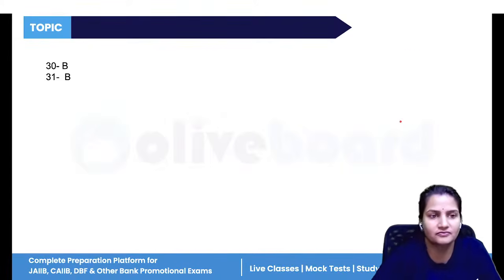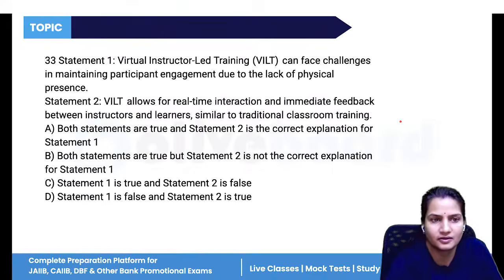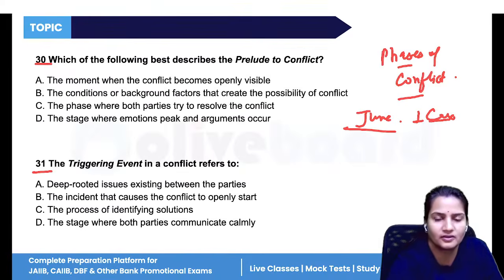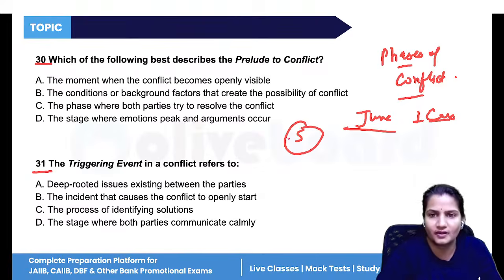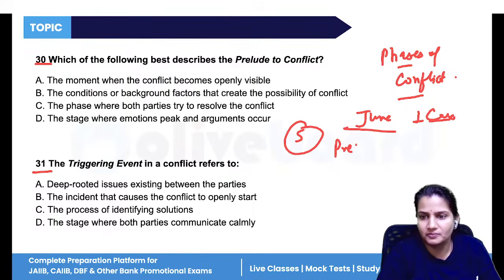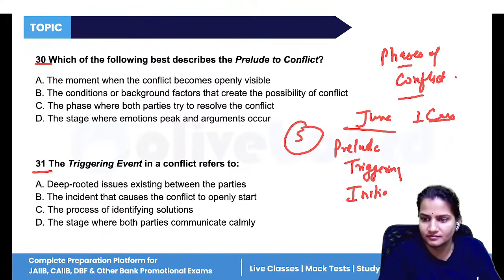Total we have 5 stages of conflict. First is prelude. Second is triggering. Third is initiation, fourth is differentiation, and last you will resolve the conflict.